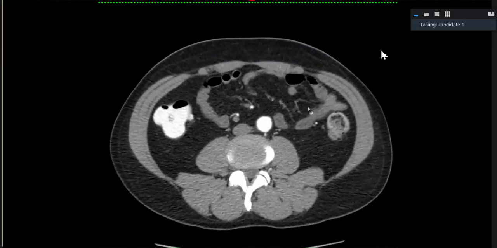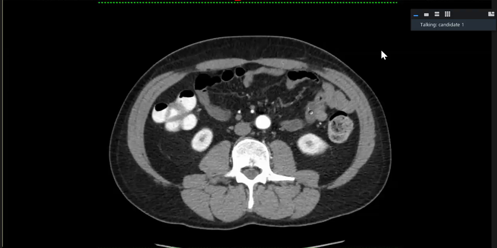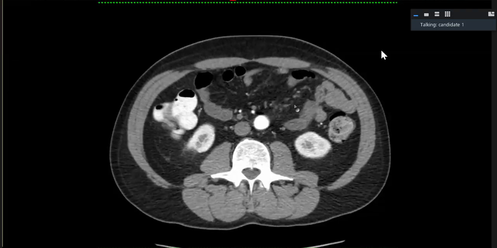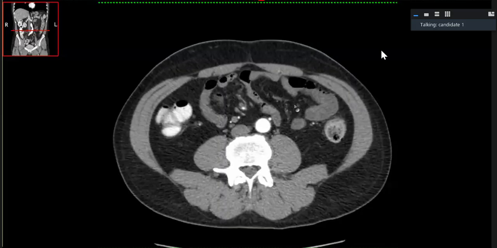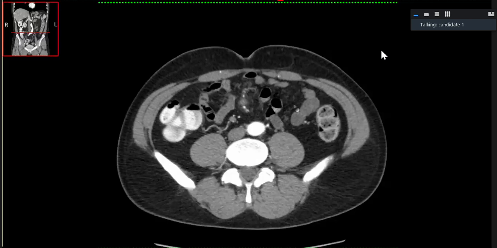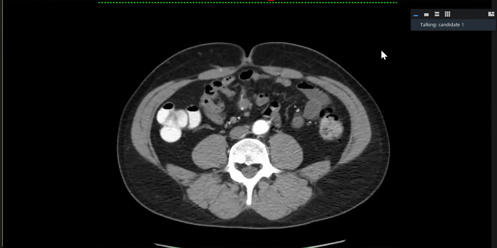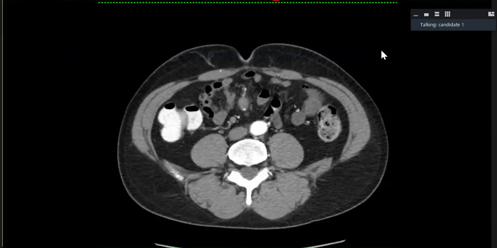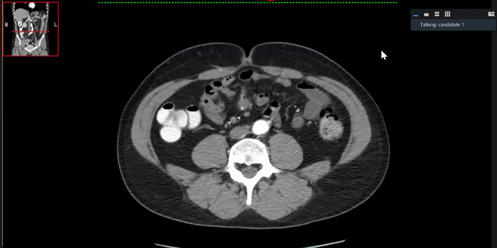I can see there is a mid abdomen soft tissue mesenteric lesion here, in the middle. This soft tissue lesion has an enhancement and shows calcification.